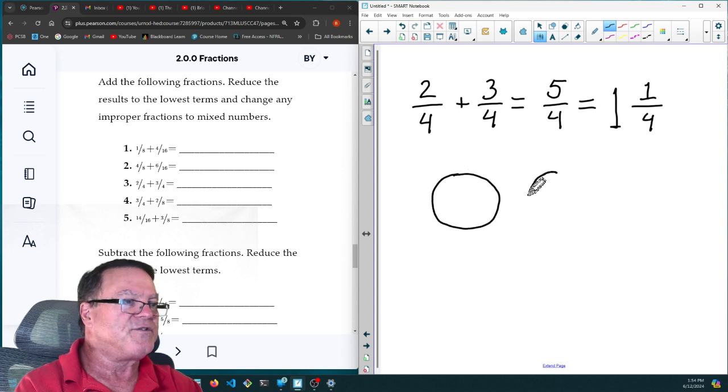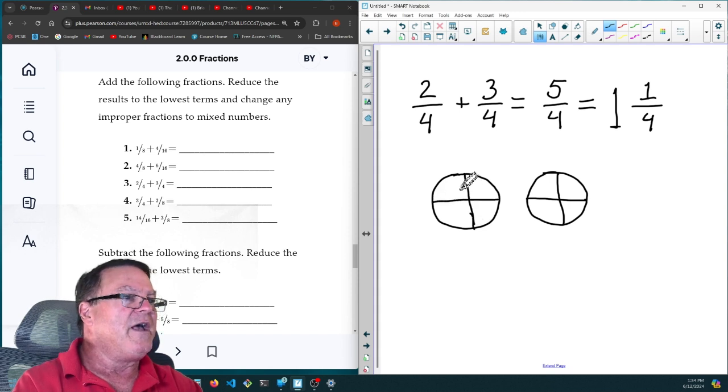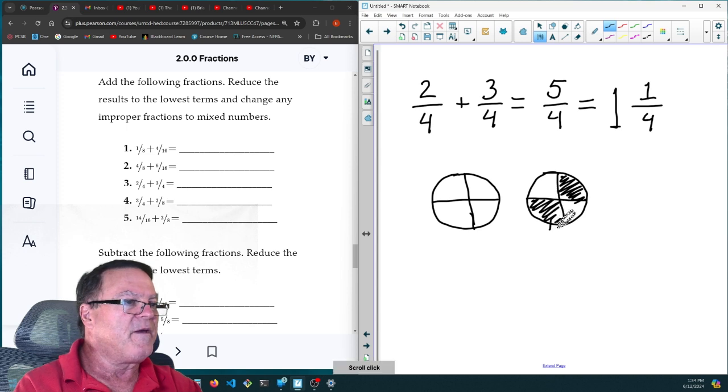And here are my 2 pizza pies. I must be hungry, always talking about pizza. So here's 1, 2, 3, 4, 5/4.